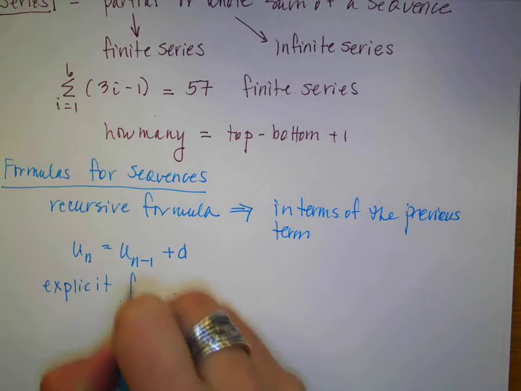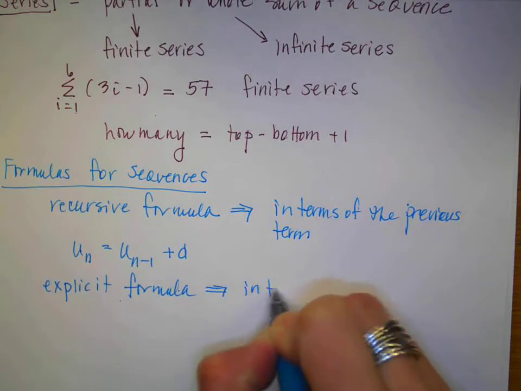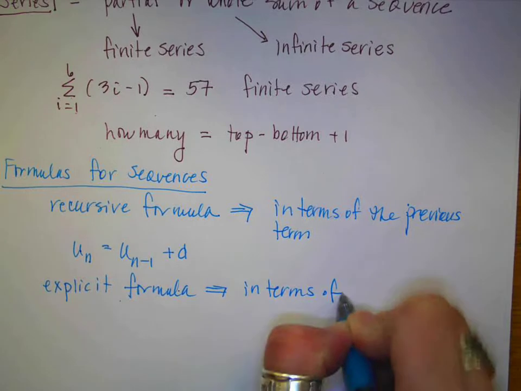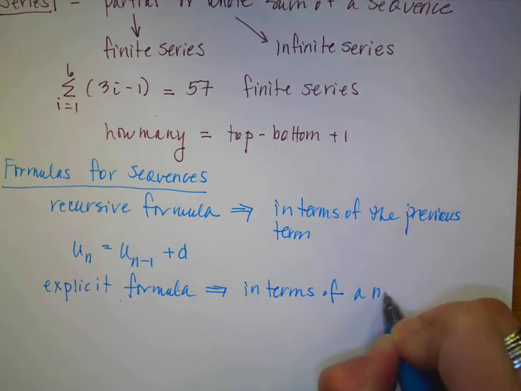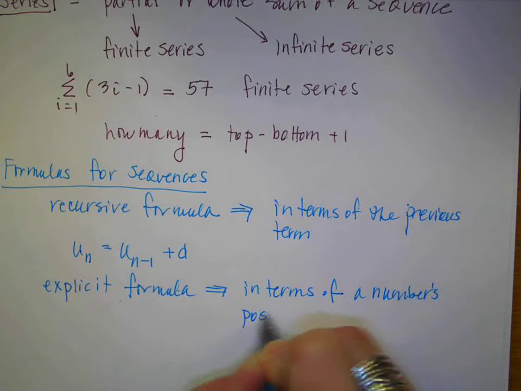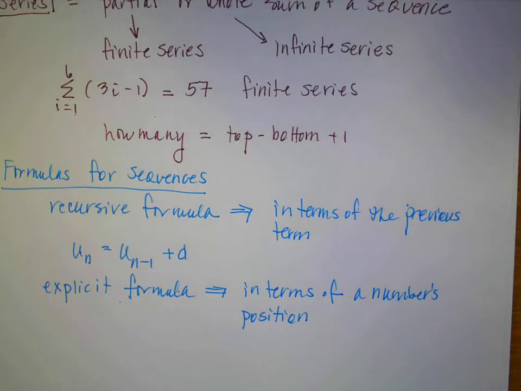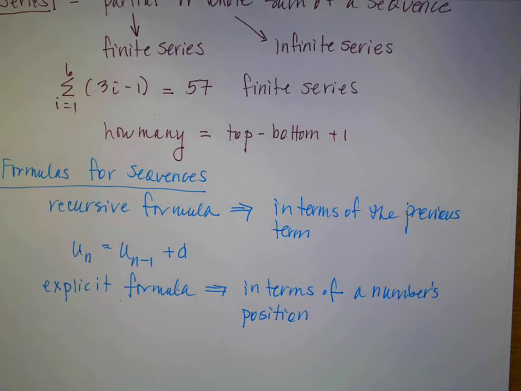On the other hand, I can have an explicit formula. An explicit formula is in terms of a number's position. So remember that n represents the position of the number.